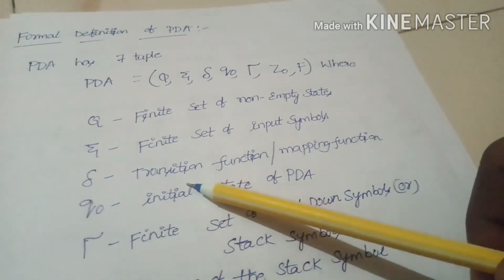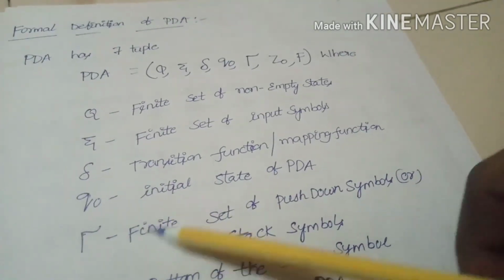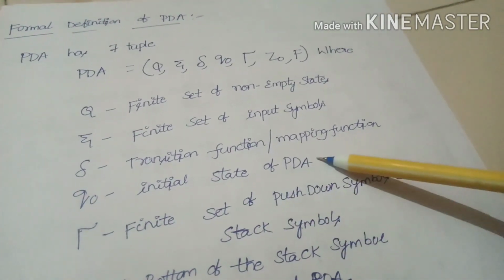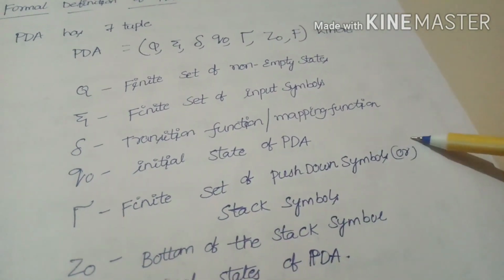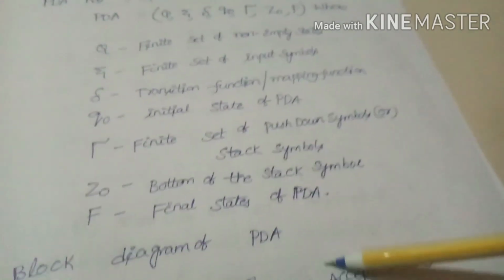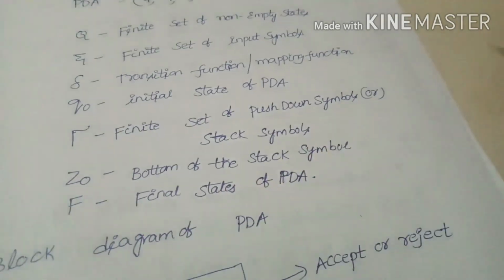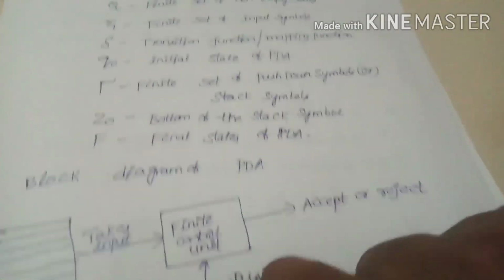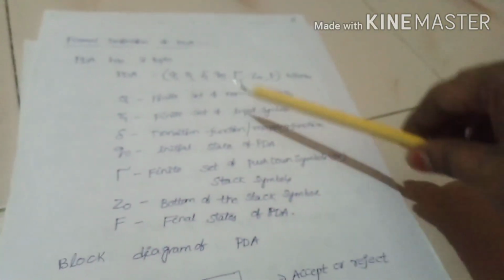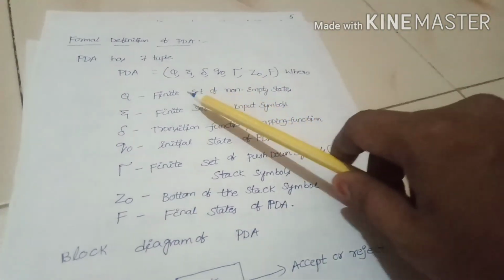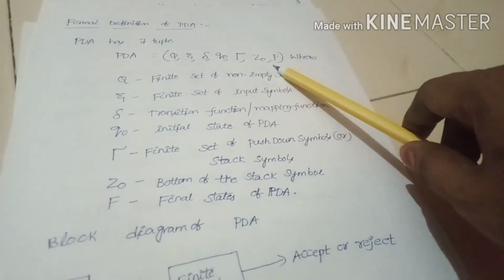Delta is the transition function or mapping function. Q naught is the initial state of the PDA. Tau is the finite set of pushdown symbols or stack symbols. Z naught is the bottom of the stack symbol. F is the set of final states of the PDA. This is the formal definition of PDA with the 7 tuple.